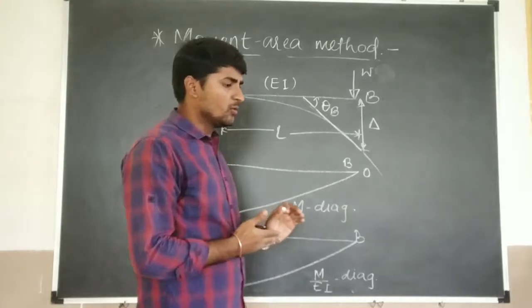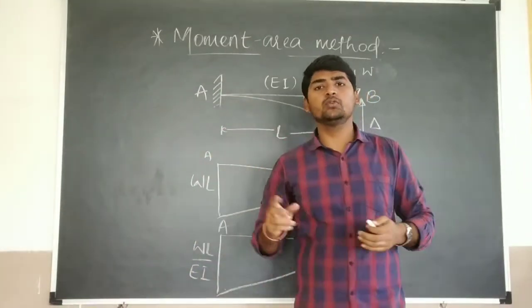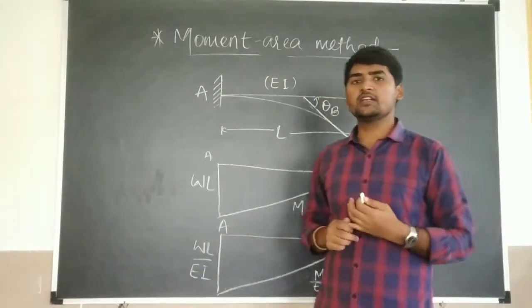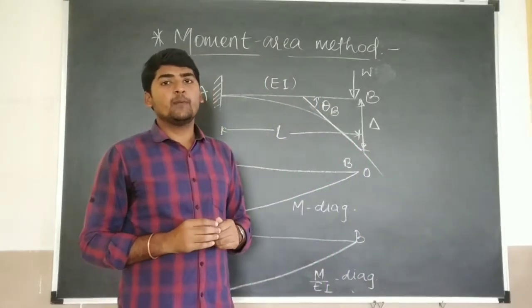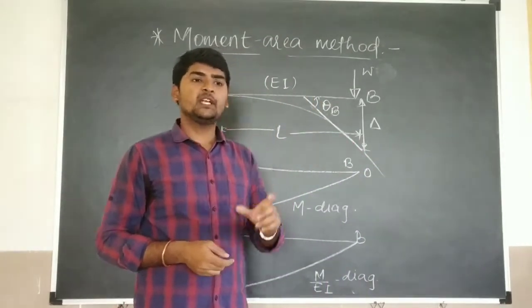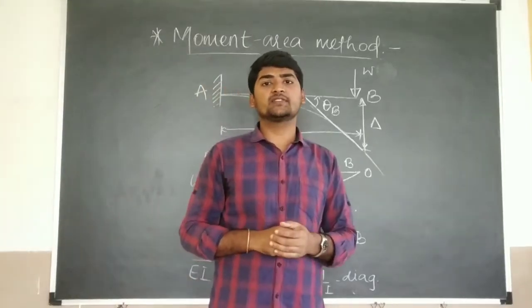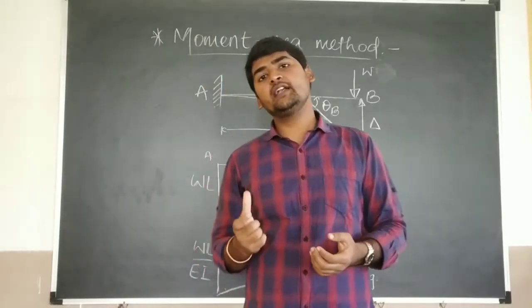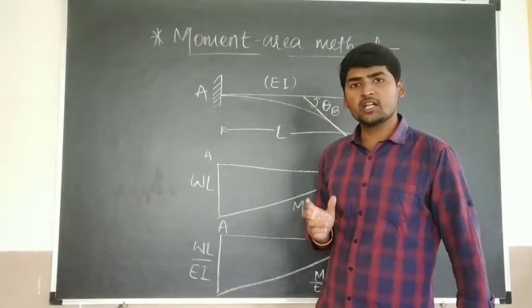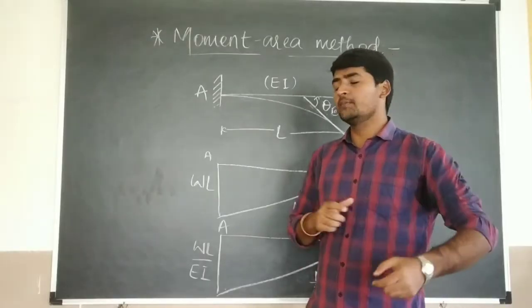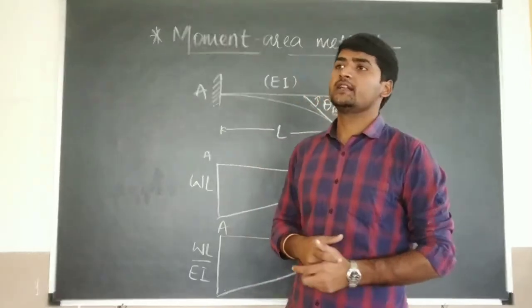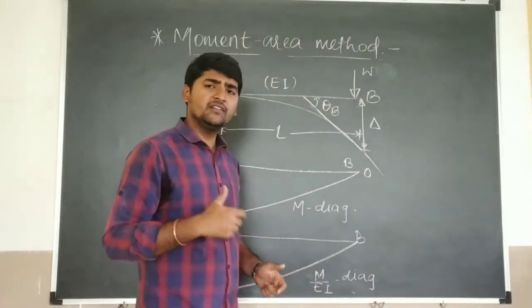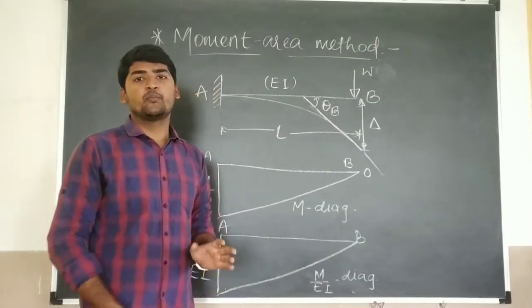According to the moment area method, there are two different theorems. The first theorem states that the area of the M upon EI diagram between any two points gives the slope at that point, and the second theorem states that the moment of the M upon EI diagram between two points gives the deflection at that point.